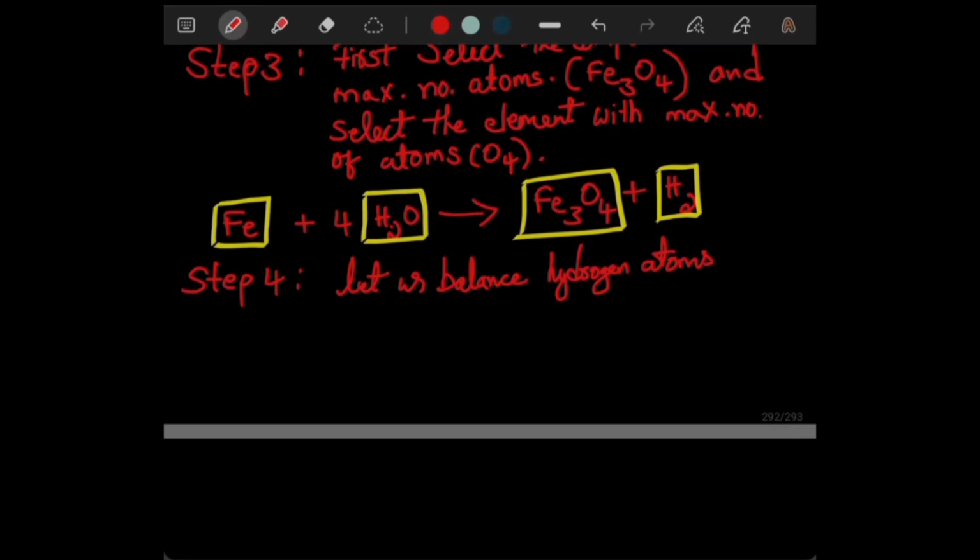As you can see, there are 8 hydrogen atoms on the left hand side, but on the right hand side we have only 2 hydrogen atoms, which is unbalanced. To equalize the number of hydrogen atoms, we make the coefficient of hydrogen as 4 on RHS.